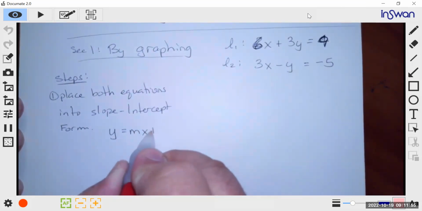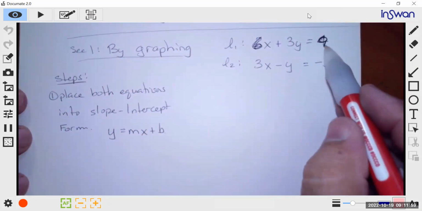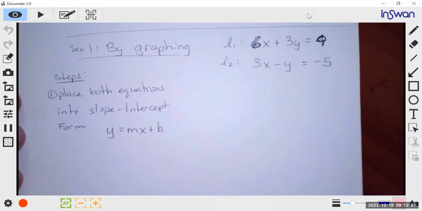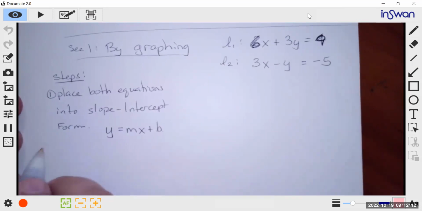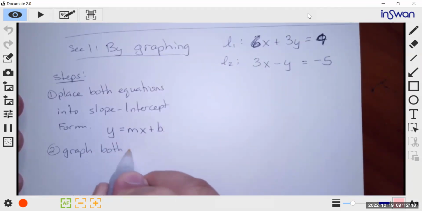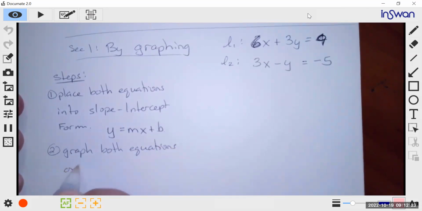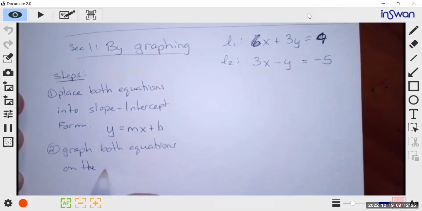Very good. Y equals mx plus b. Excellent. This is 9. I change it to a 9. Then graph both equations on the same graph.